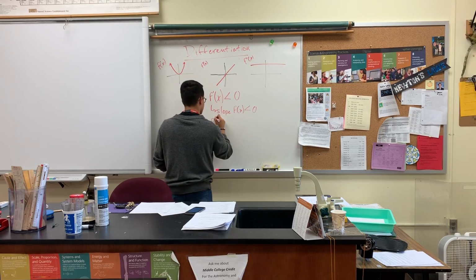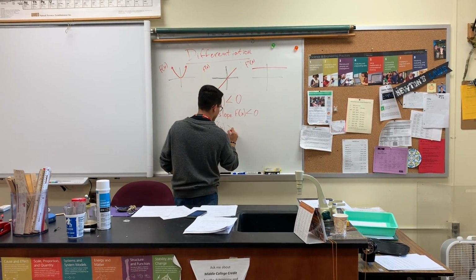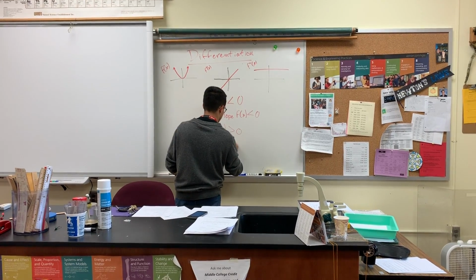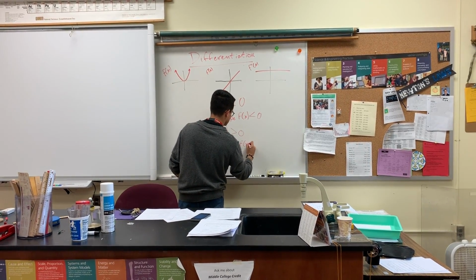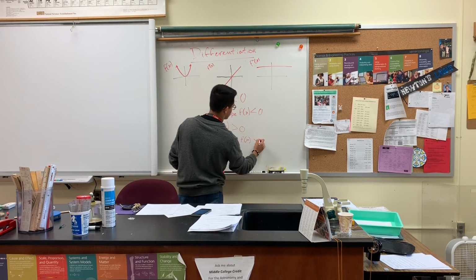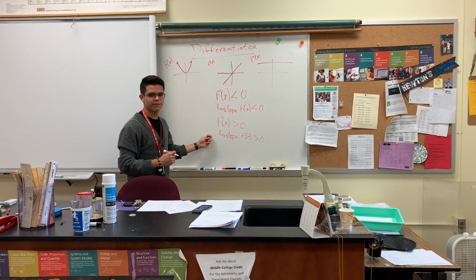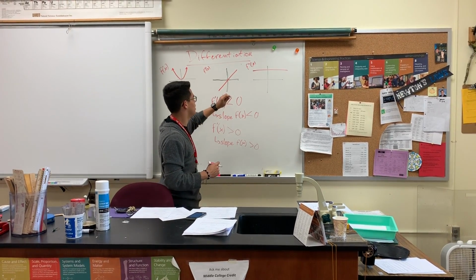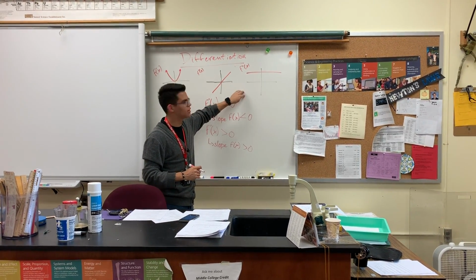Now if f prime of x is greater than 0, this means that the slope of f of x is also greater than 0. Okay? The other thing that we can get is from f double prime x, the second derivative.